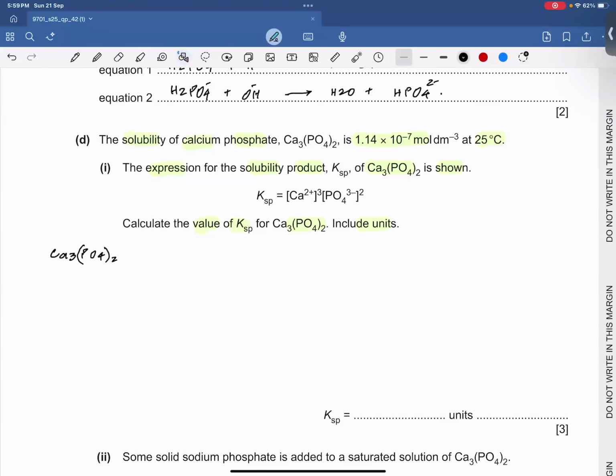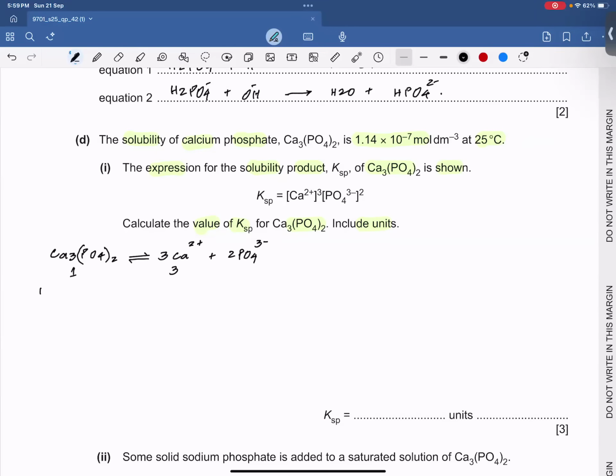When calcium phosphate ionizes, it will turn to calcium ions and phosphate ions. We know that both of them have a 1:3 ratio.